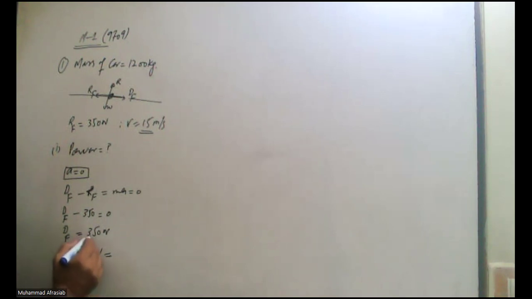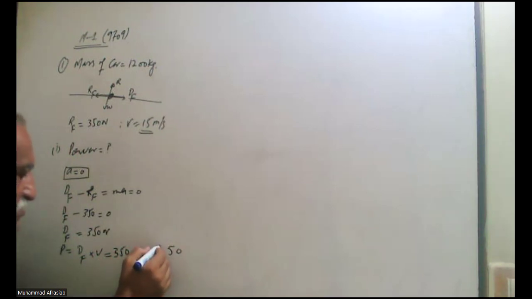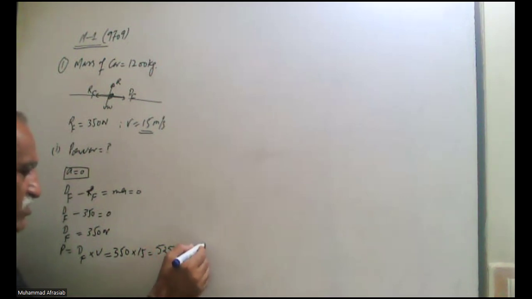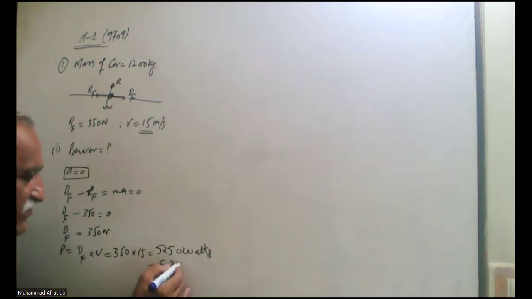So driving force is 350 and velocity is 15. That is equal to 5250 watts, or you can write it as 5.250 kilowatts by dividing it by 1000.